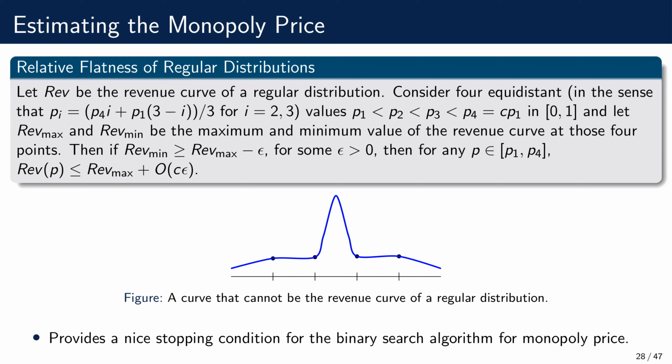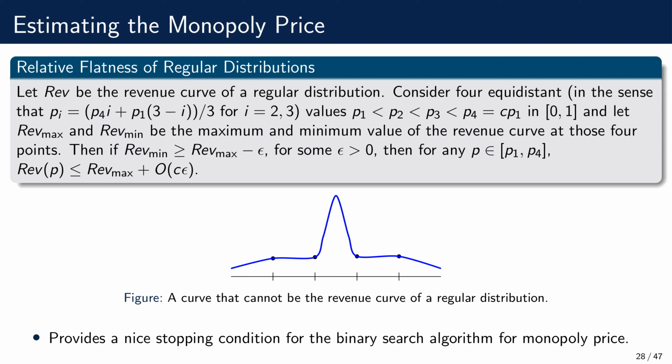So if 4 prices P1 to P4 with equal distances have approximately the same revenue, then any price between P1 and P4 has roughly the same revenue. The only constraint we have is that P4 should be some constant times P1, which means that P1 is not very close to 0.